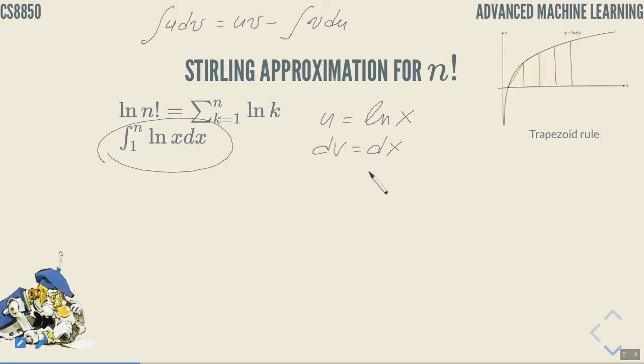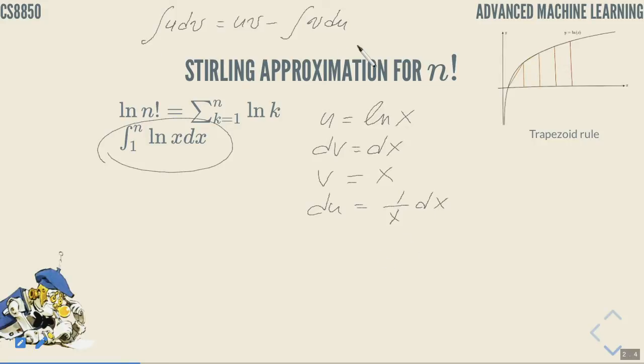Then our v is x and our du is 1 over x dx.